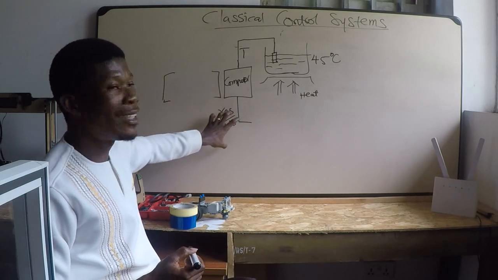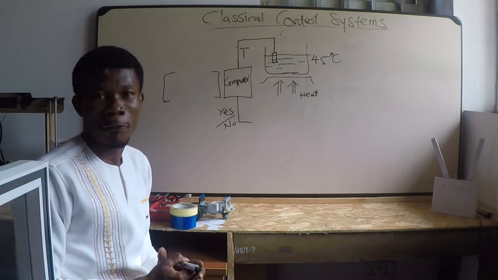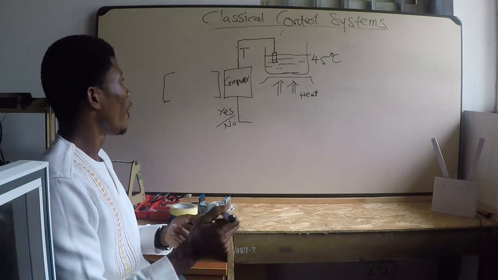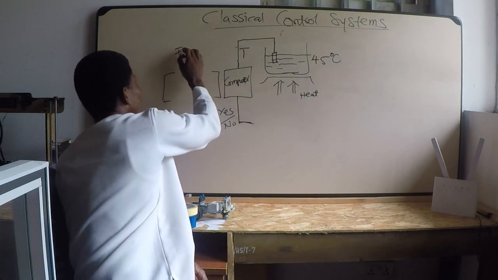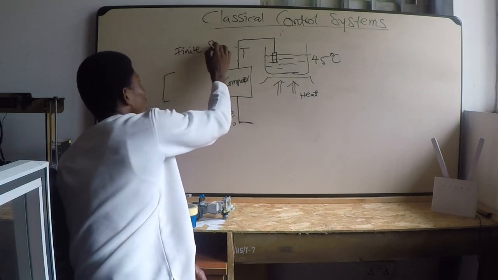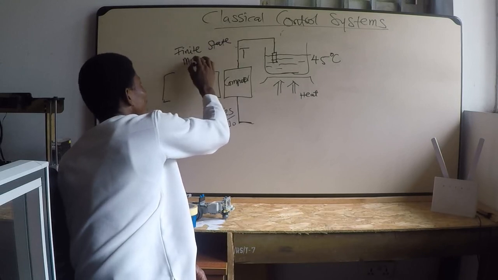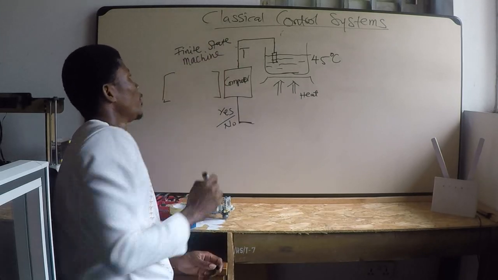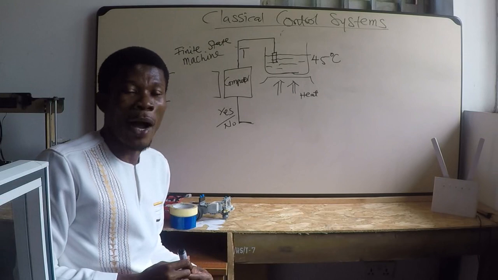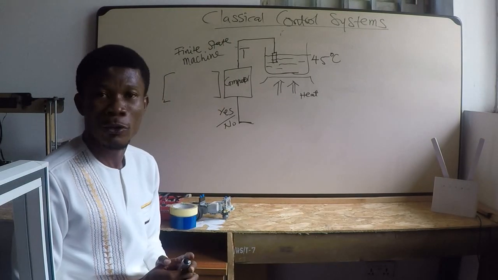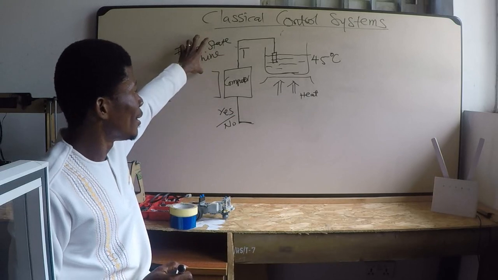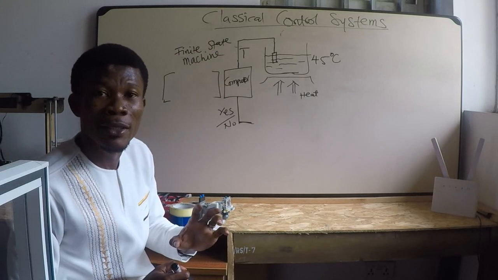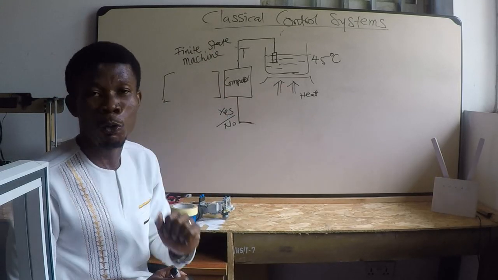When a system is designed in this state, we can say that this system is a finite state machine. So finite state machines are one form of classical control principles. You design a finite state machine which is supposed to put this system in one of two states.